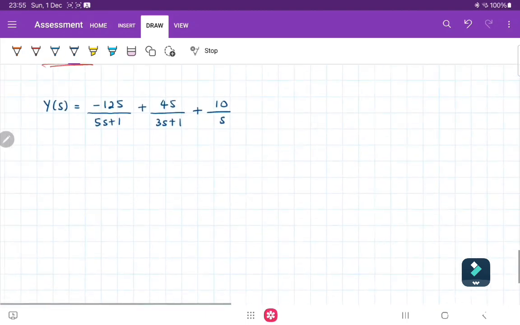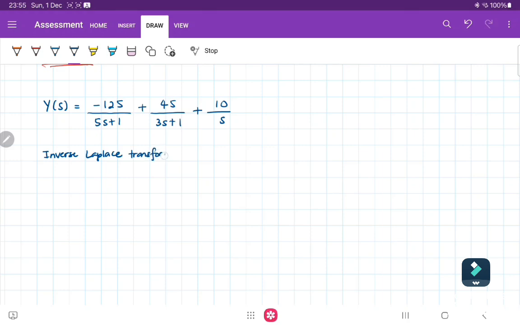Okay, next thing we are going to do an inverse Laplace transform. Okay, this is almost final actually.